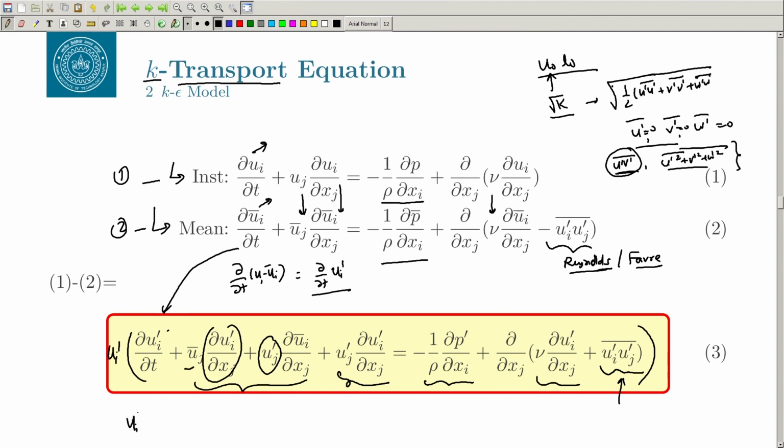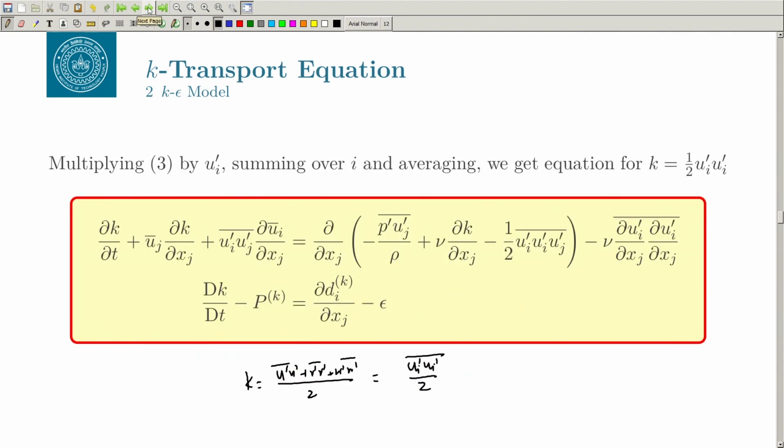So this will become ui prime del ui prime by del t, that will become del by del t of half ui prime squared, and taking the average, that is nothing but del by del t of k, provided that when you say ui prime, you are summing over u prime, v prime and w prime. So you will get the equation for the turbulence kinetic energy.